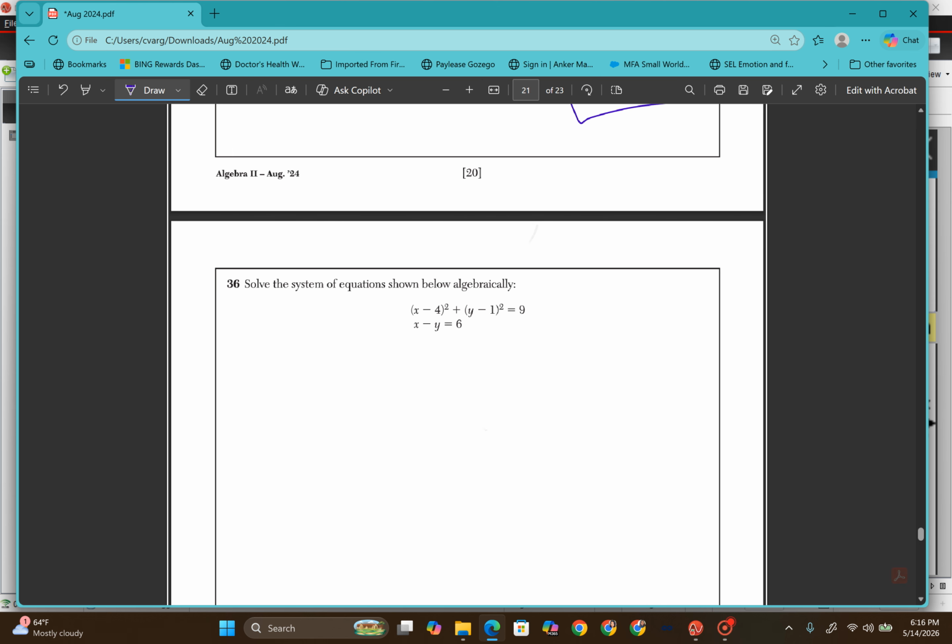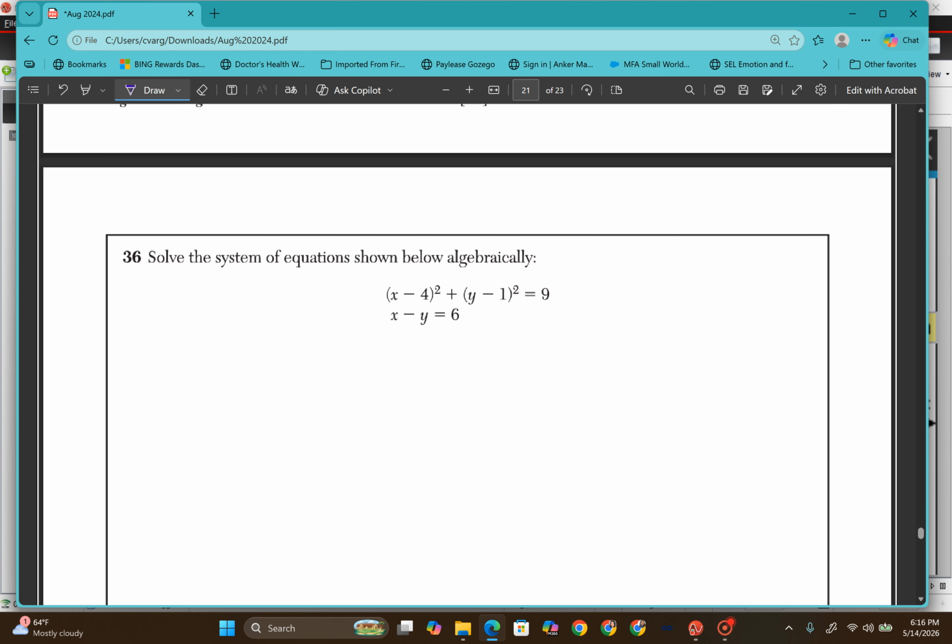All right, so let's get this y by itself. So add y, add y. So you get x plus y is equal to 6. Got to get the y by itself by subtracting x. Or you could, it depends. It's up to you. So 6 minus x. So I got the y by itself on the second one.